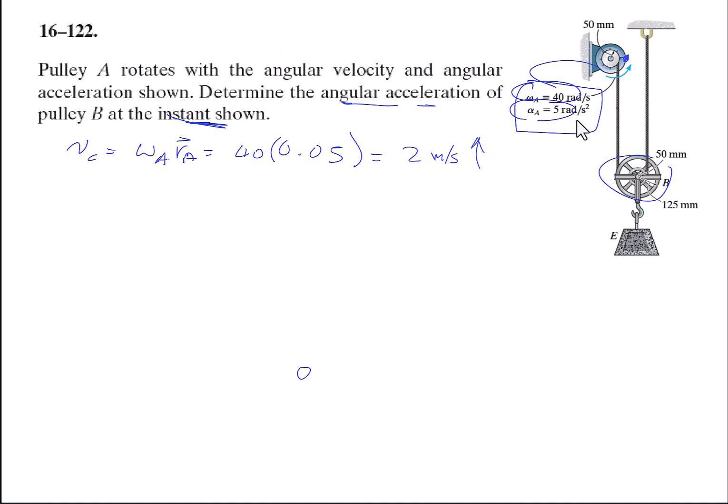So 50 millimeters is 0.05 meter times 40 radians per second.